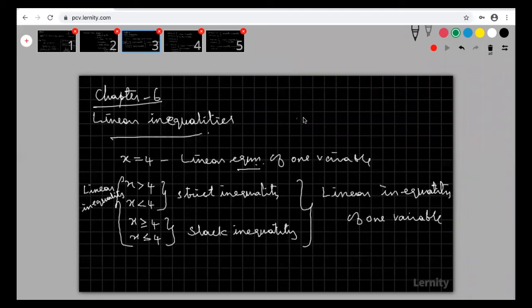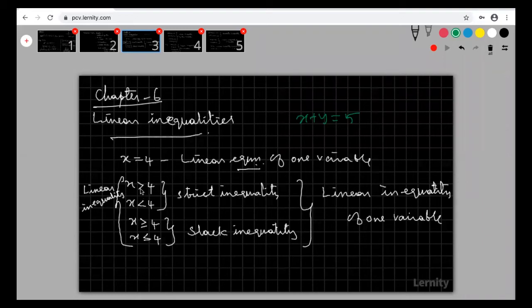Suppose I am writing x plus y is equal to 5. This is a linear equation of two variables, but this is a linear equation of one variable. But in place of equals, if greater than, less than, greater than or equal to, or less than or equal to is coming, then that is called an inequality.